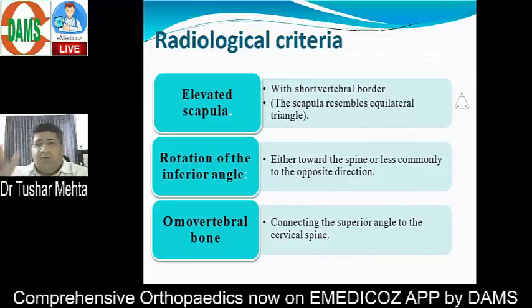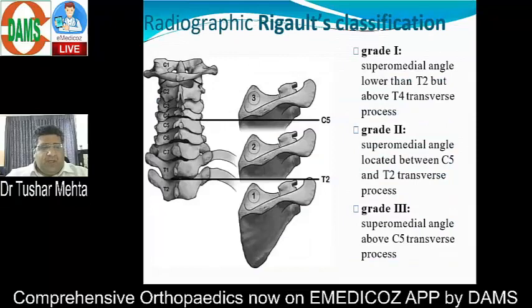I hope you remember I told you that the inferior angle will be migrated medially to an extent that the glenoid starts facing inferiorly. We had talked about this. Omovertebral bone, we have discussed in length, a rhomboid or trapezoid shaped structure, which is an accessory bone or cartilage connecting the superior angle of the scapula to the spinous process and laminae of C4 to C7, one of the classical associations.